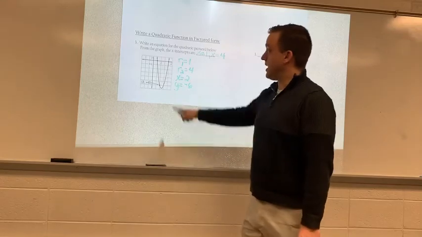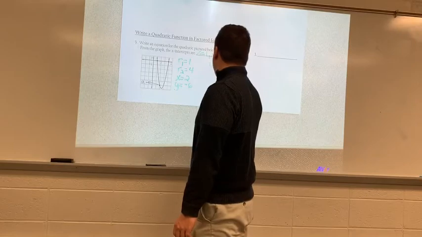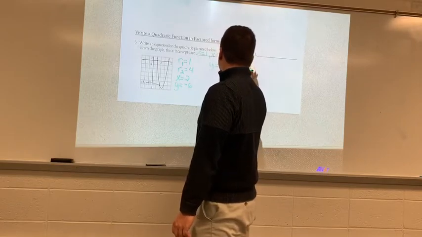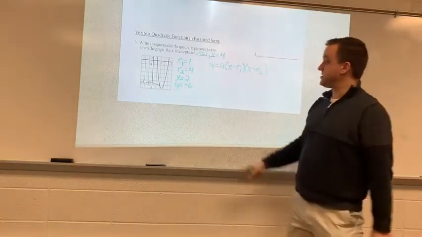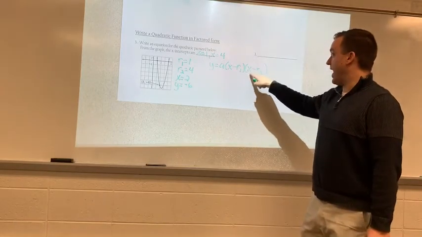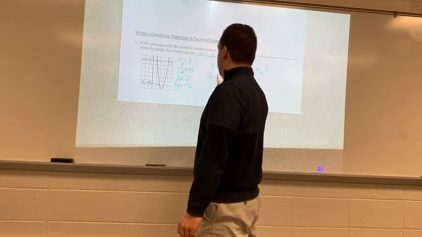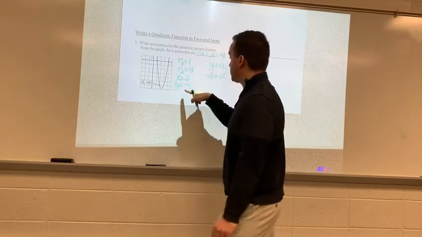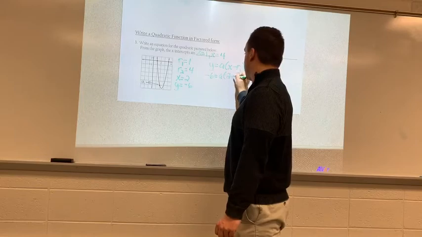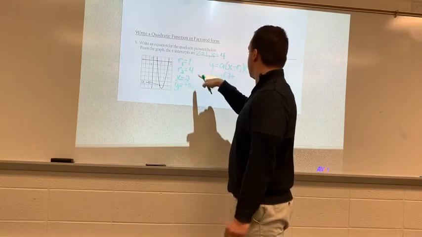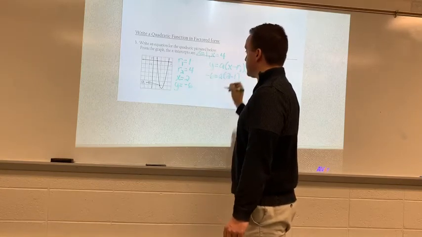Now what I'm going to do is write down factored form. So Y equals A times X minus R1 times X minus R2. And then I'm going to substitute Y, X, R1, X, and R2 and solve for A. So -6 equals A times 2 minus, oh, I'm sorry, X is 2 and then minus 1 because R1, I almost substituted wrong.